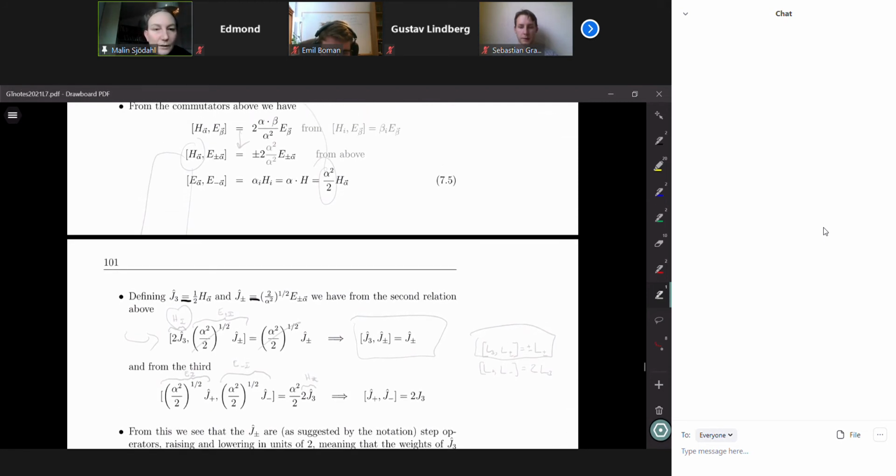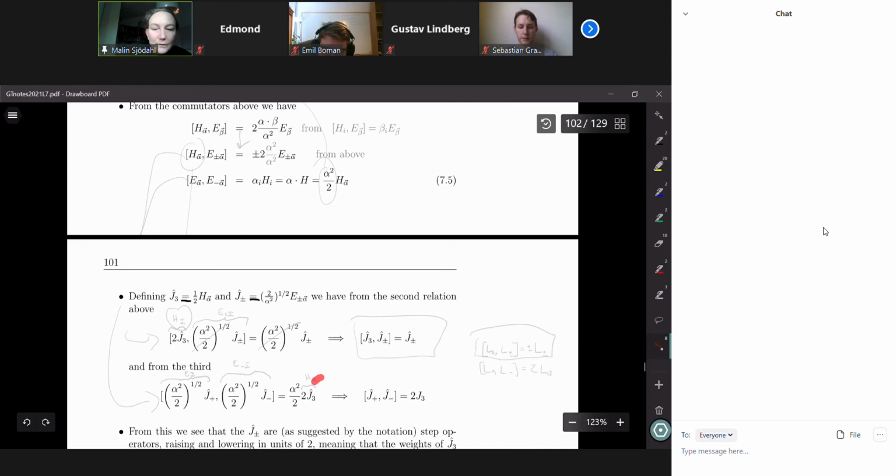Now, taking the third relation from up here, so I take this guy. I have my E alpha, but expressed in terms of J instead, and another E minus alpha expressed in terms of J. Then I had here alpha over 2, and I have that it should be my H alpha, but my H alpha is 2 J3.